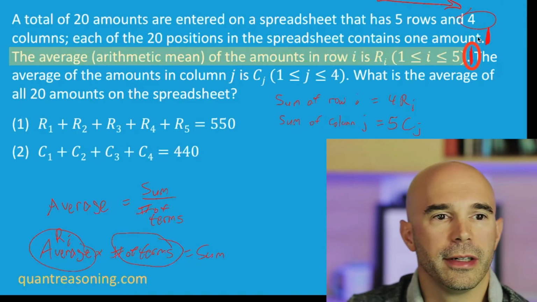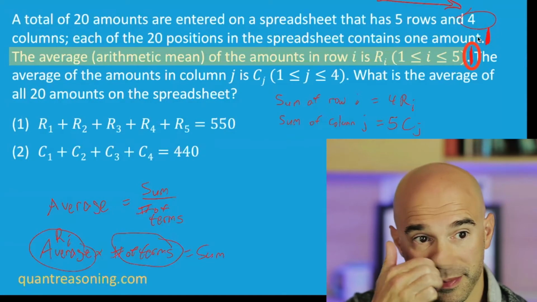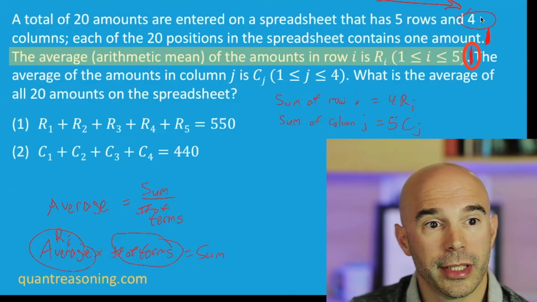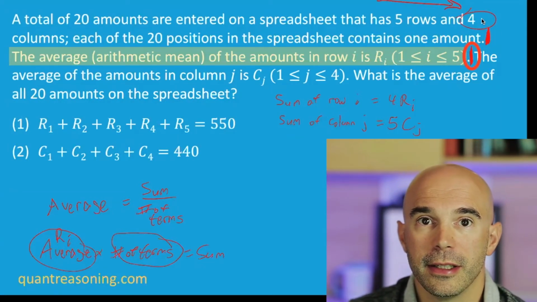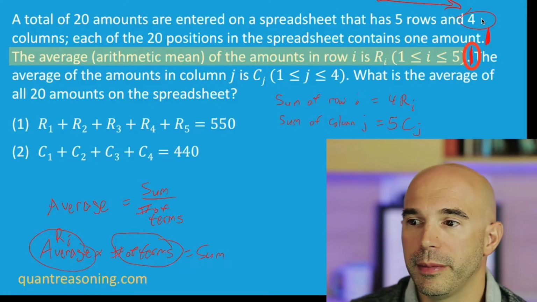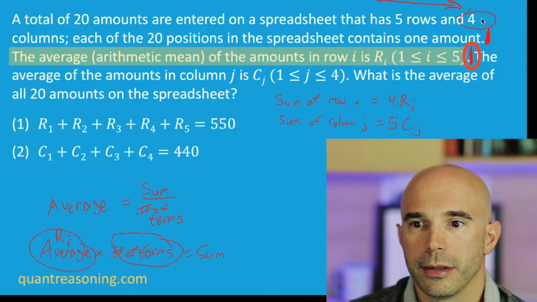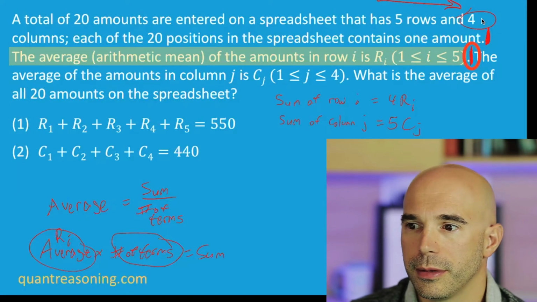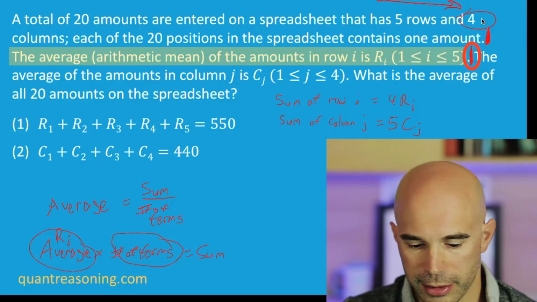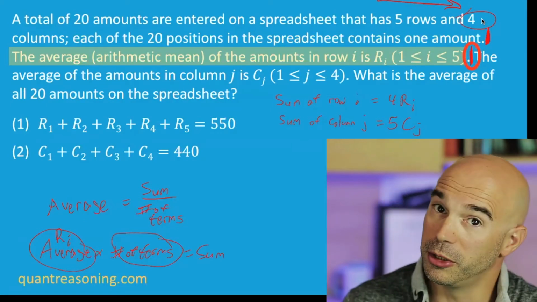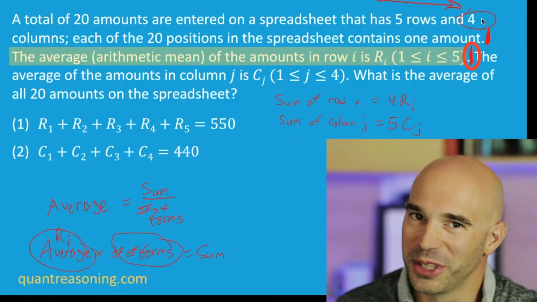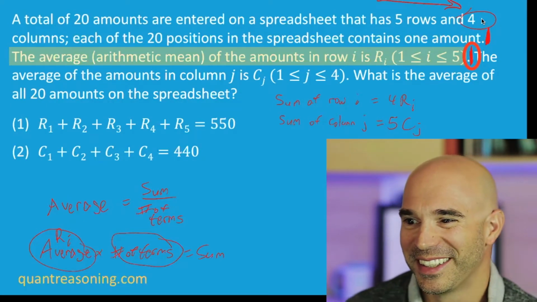You didn't pause long enough to digest what you're reading. And by the way, the best way to digest that first line of text is to draw the spreadsheet on your paper. In other words, spend more time chewing before you swallow. I should follow my own advice because I eat like an animal. But on the GMAT, I chew really well before swallowing.